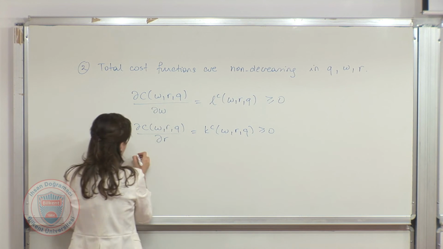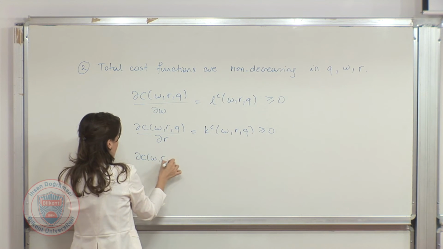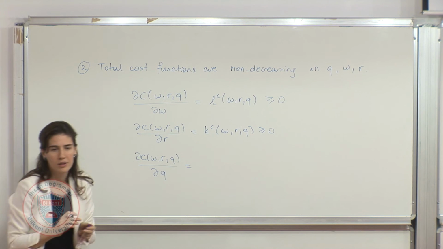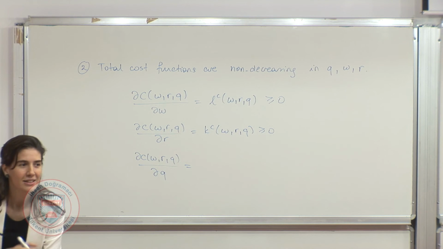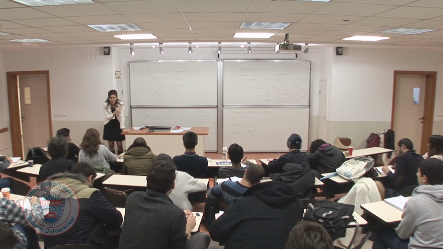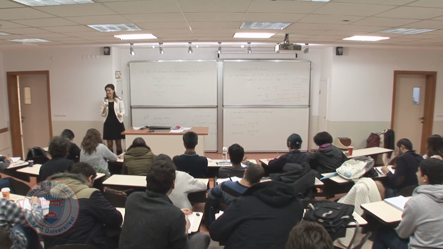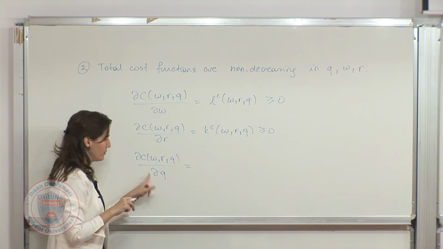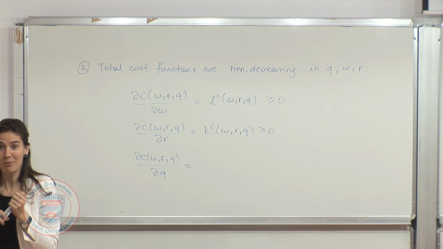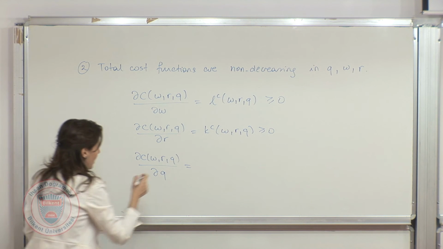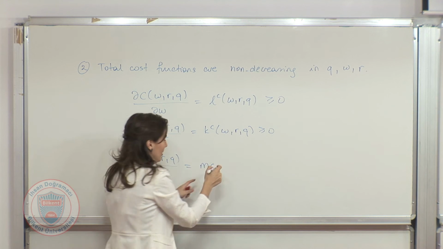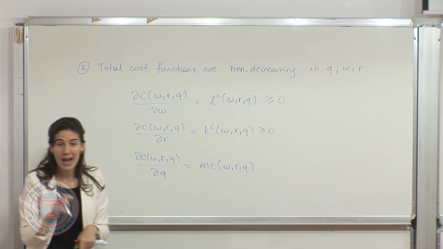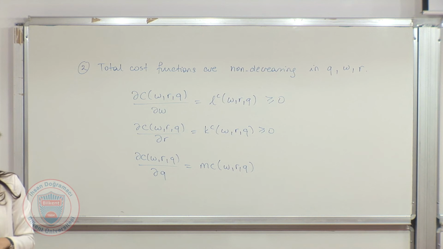And what about the derivative of c(w, r, q) with respect to q? What is the derivative of the cost function with respect to Q? It's marginal cost, right? Can marginal cost be negative?